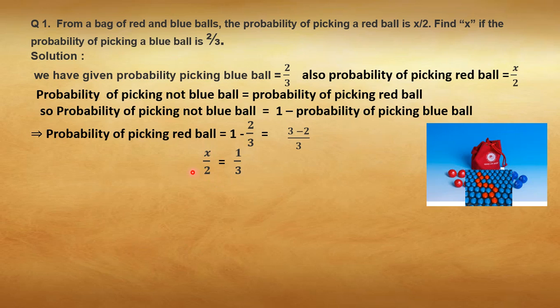So we get the equation x upon 2 equals 1 upon 3. Now by cross multiplication we get x equals 2 into 1 by 3, or 2 upon 3. So here we can say that x is 2 upon 3.